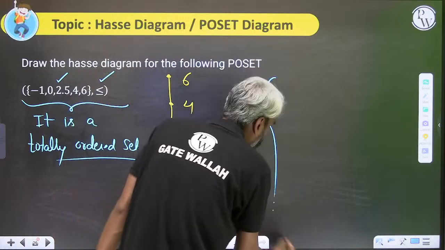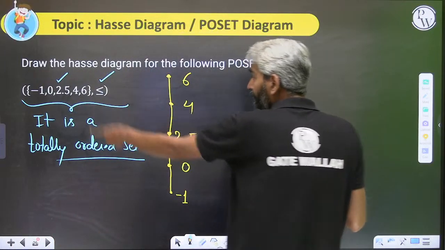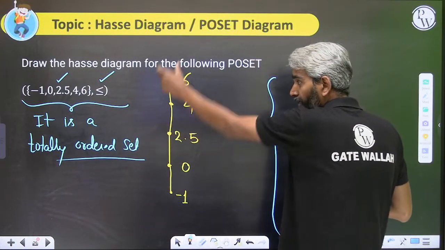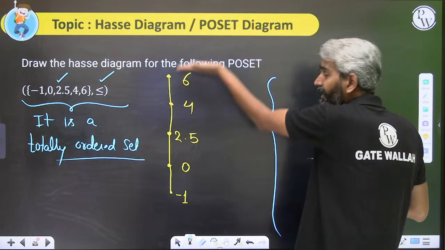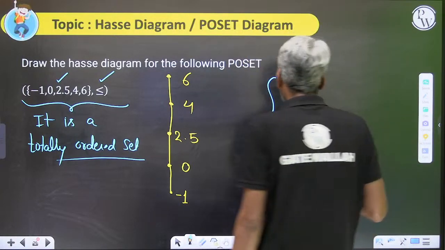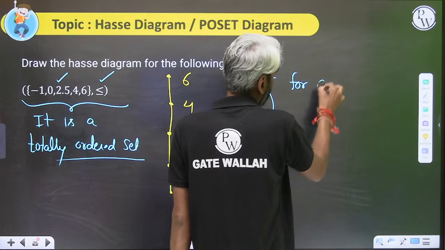Now, the important thing which you need to understand is that for any totally ordered set, the Hasse diagram will look like a linear chain, right?